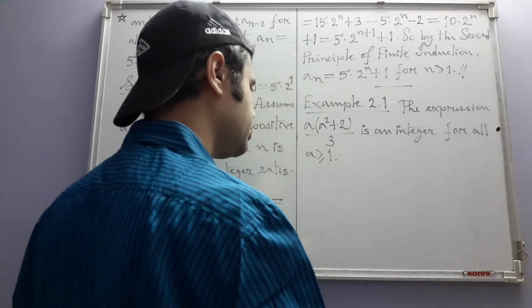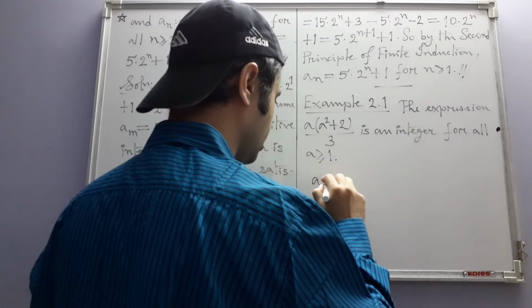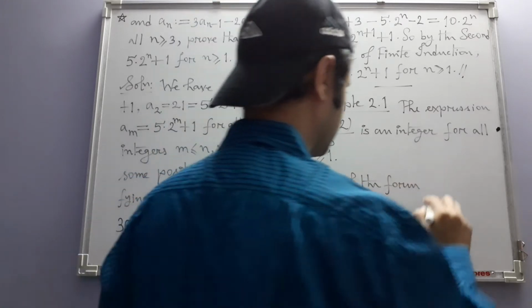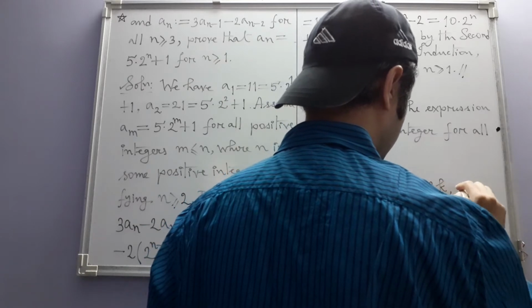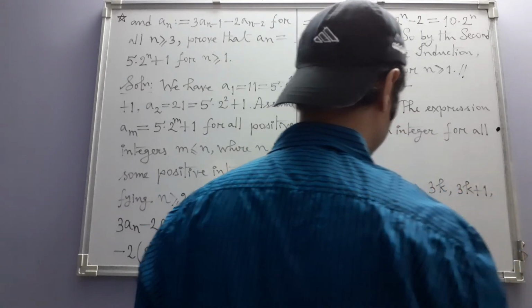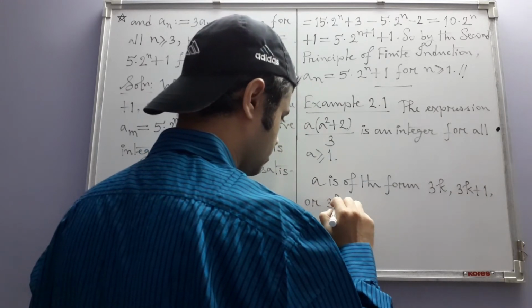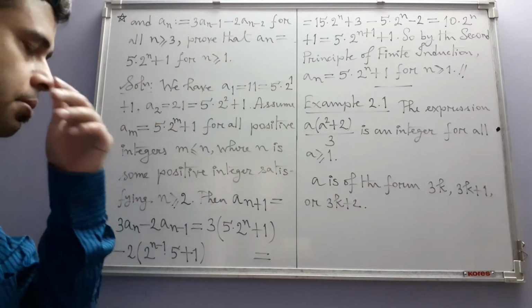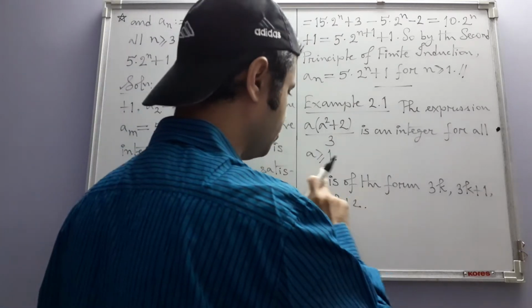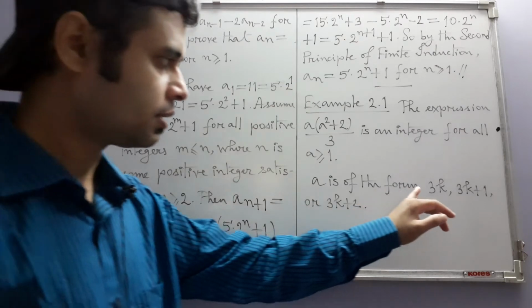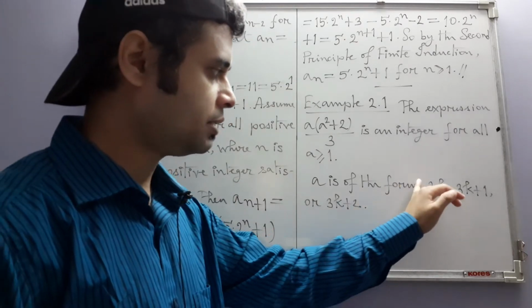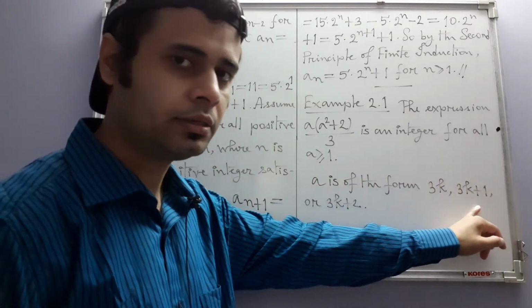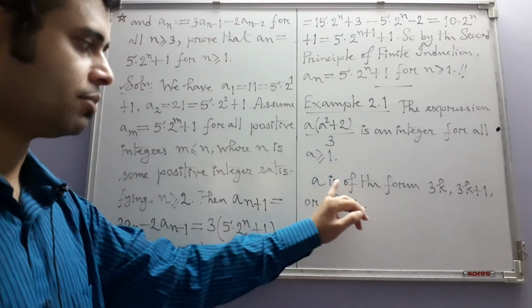According to the division algorithm, a is of the form 3k or 3k plus 1 or 3k plus 2 for some integer k, and this is due to the fact that when we divide a by 3, the remainder is either 0, in which case the integer a looks like this 3k, or the remainder is 1, in which case a looks like this, or the remainder is 2, in which case a looks like this.